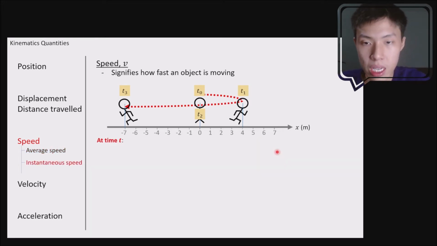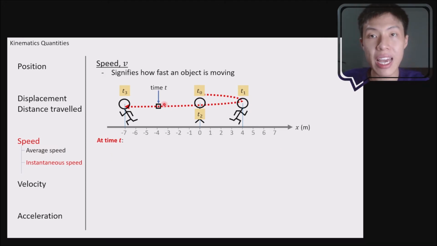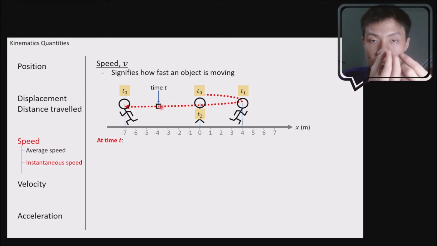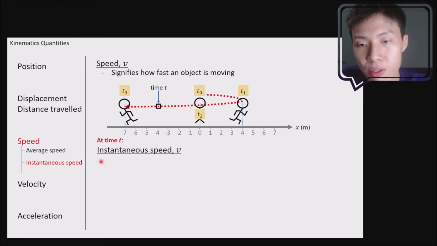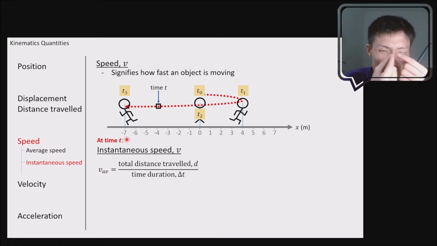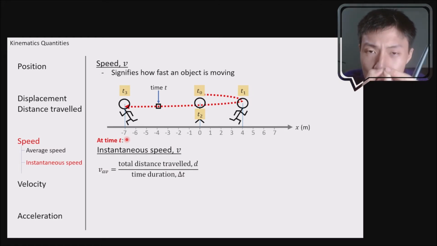Now, let's move on to instantaneous speed. Instantaneous speed refers to the speed at a specific moment, at a specific instant. If you try to find the instantaneous speed at a specific moment, which we call v, we take the equation for average speed. Average speed covers a certain duration, but since now we want it for a specific moment, it's a very small time duration.